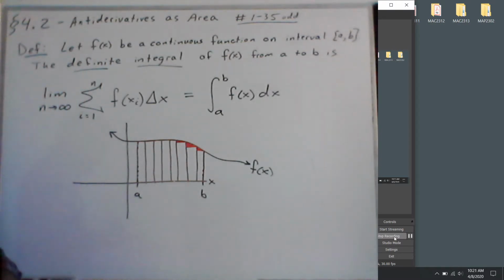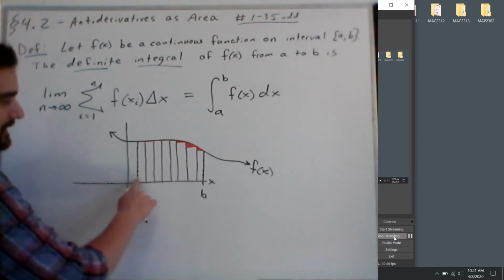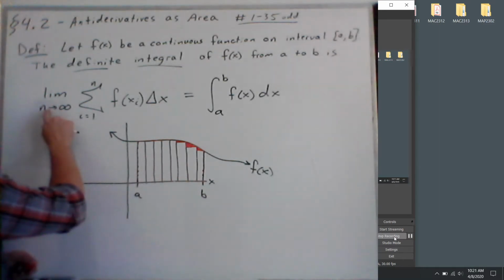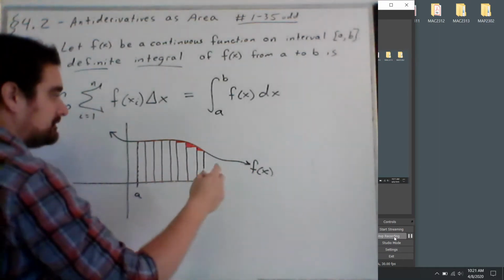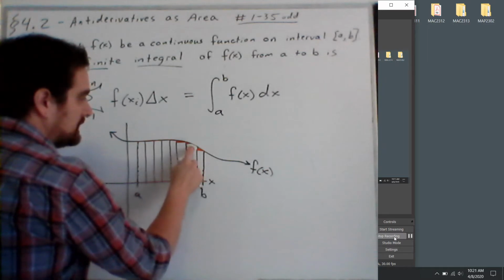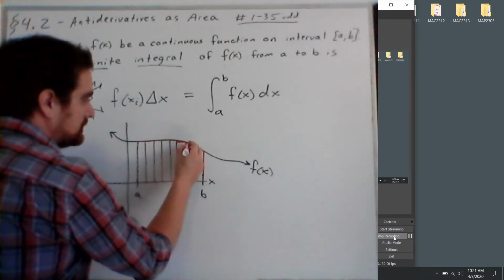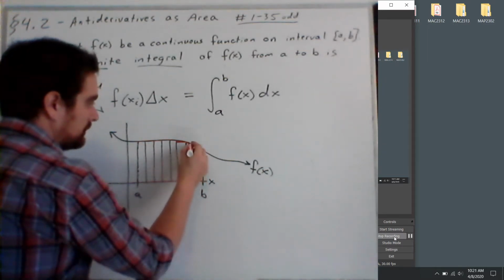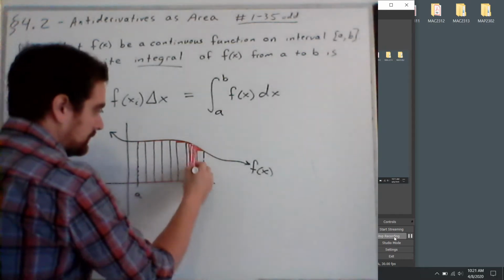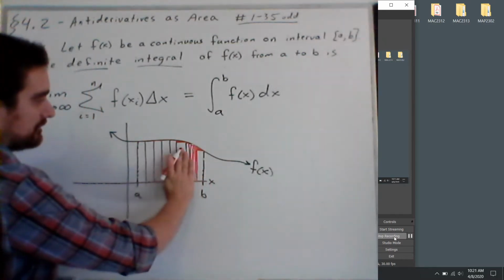curve. So what you want to do to try and improve this is you want to take the number of rectangles and let it go to infinity, meaning you will start using an infinite number of rectangles. These rectangles will get thinner and thinner until there are infinitely many of them in here.